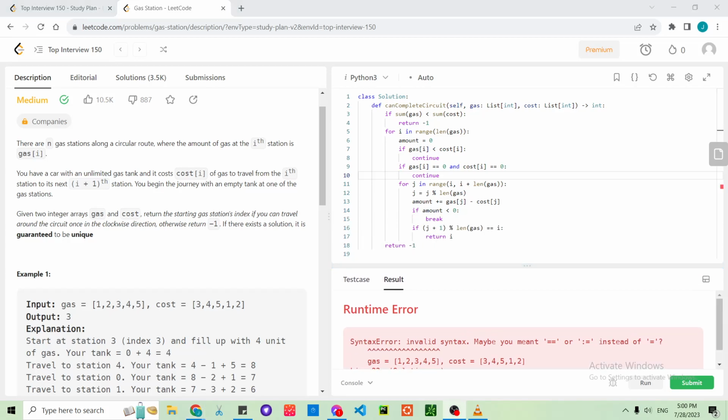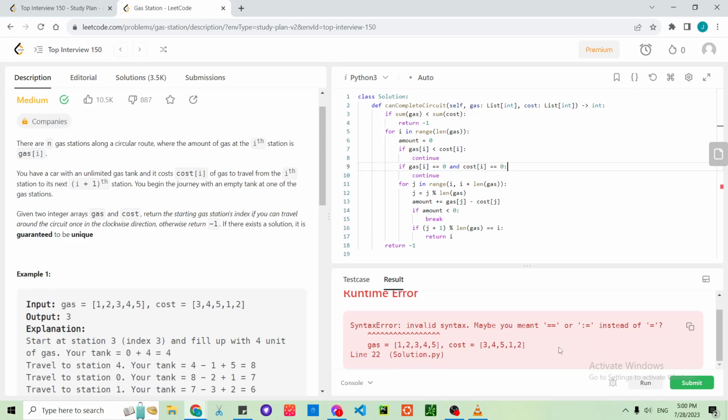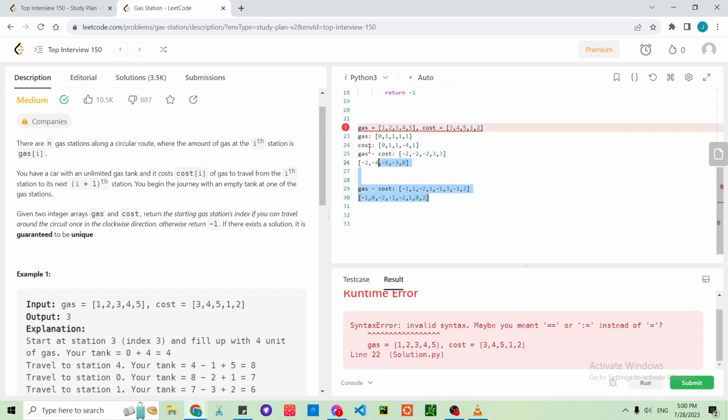Wait, why is this not the correct syntax? Oh, I see.